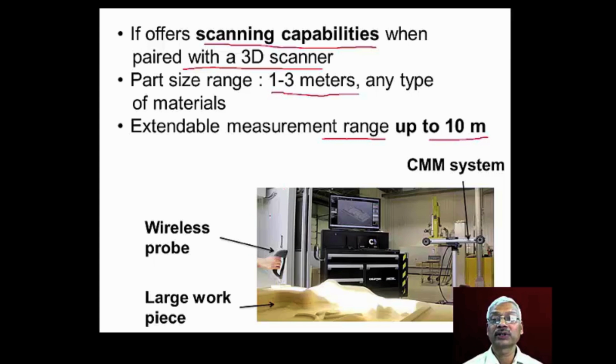So in this picture you can see the CMM system. This is the mobile CMM system, and this is the huge workpiece which is to be inspected, and then we have a wireless probe. Both the probe and the workpiece are continuously viewed by the dual camera system, and the image captured by this wireless vision probe is sent to the computer system for processing.